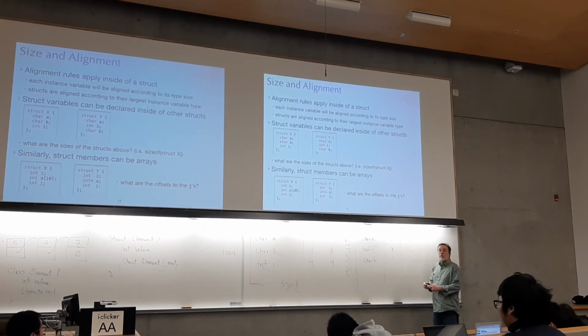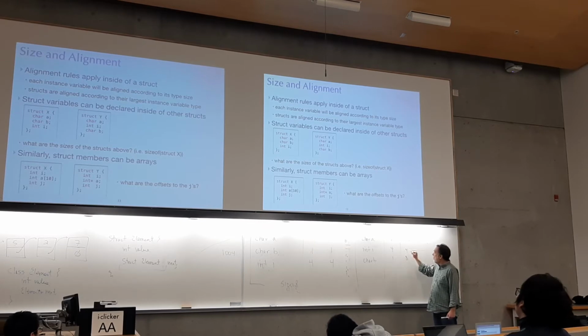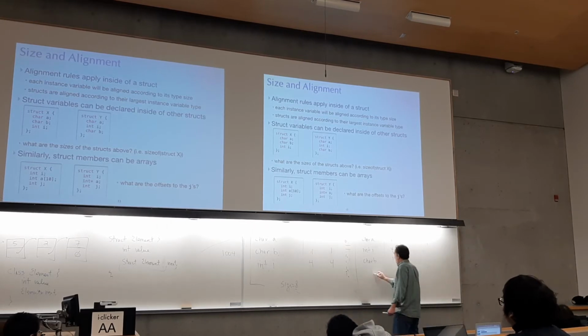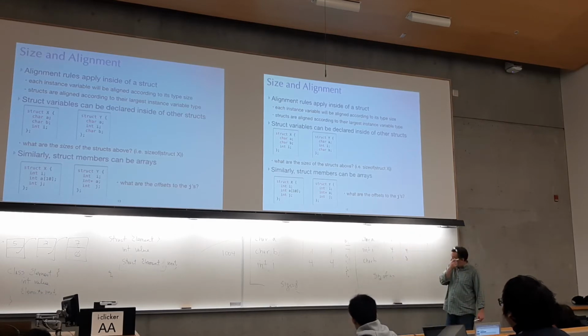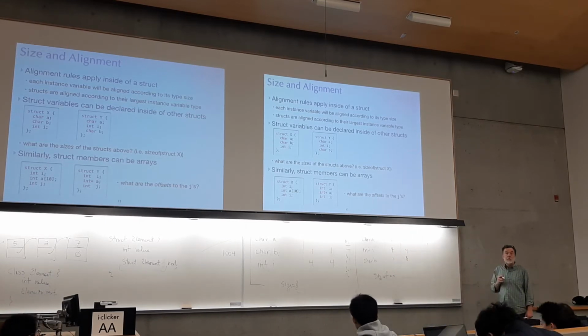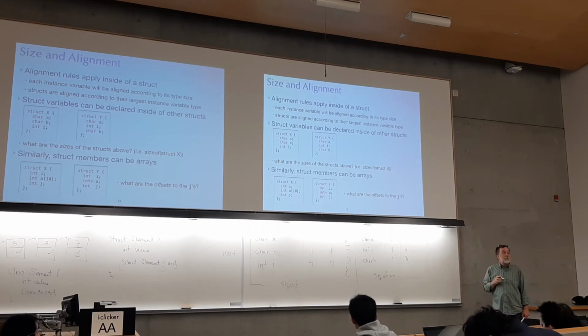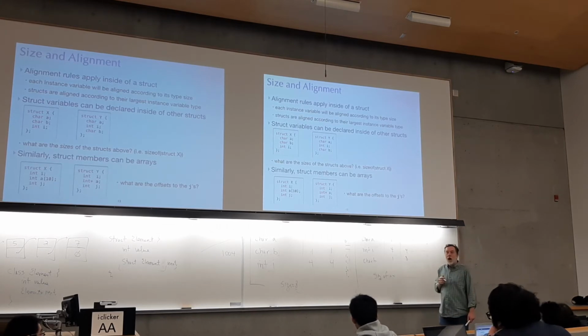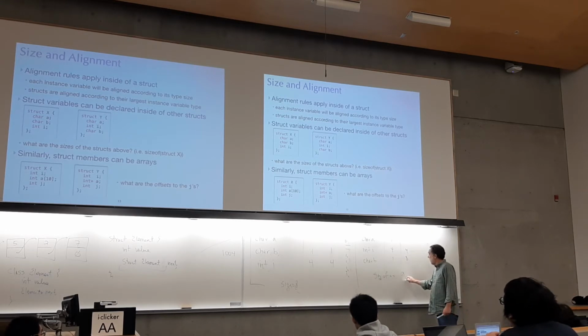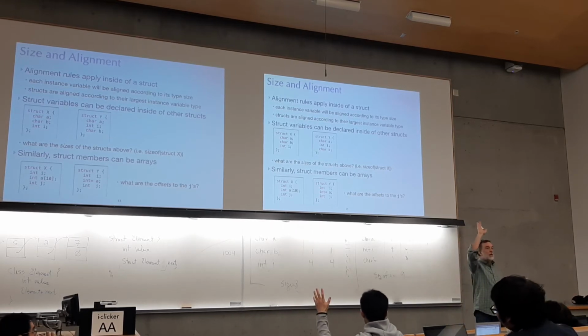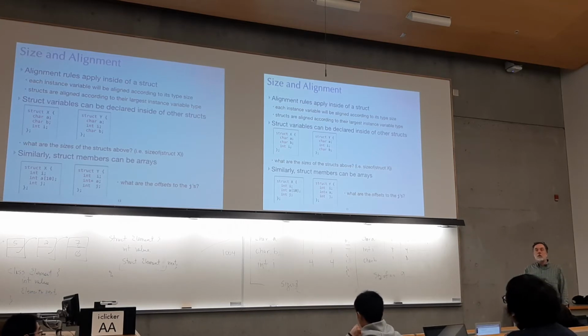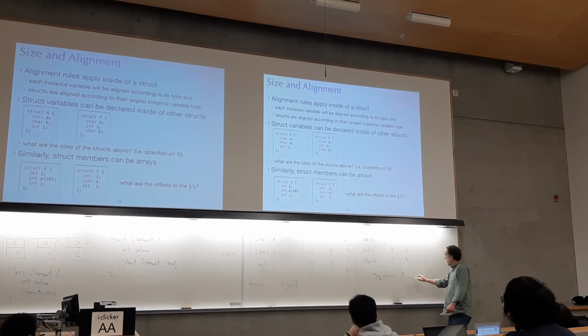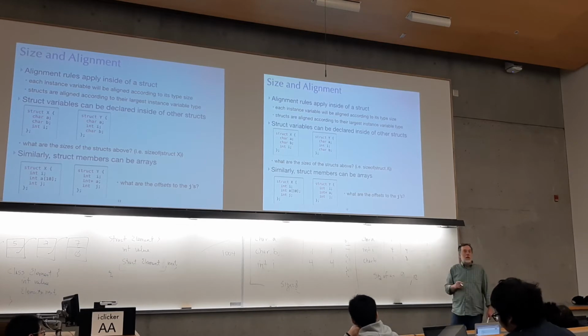Offset to I: 4, right? Because it needs to be aligned. Offset to B: 8, because this took 4 things. Size of what? Nine. Right here, 9. Who says 9? Any other numbers? 12. Any other numbers?